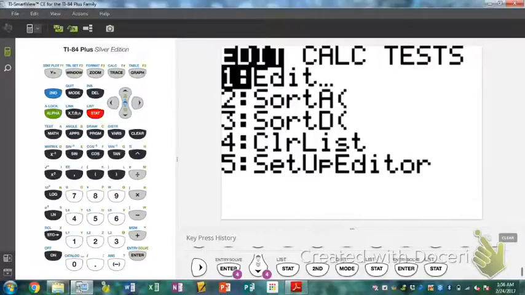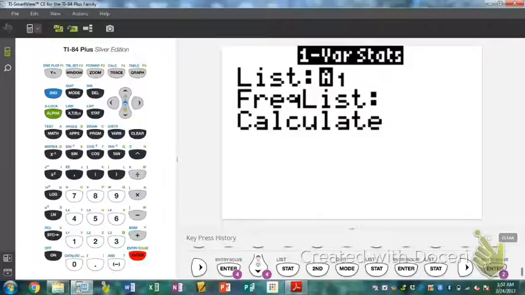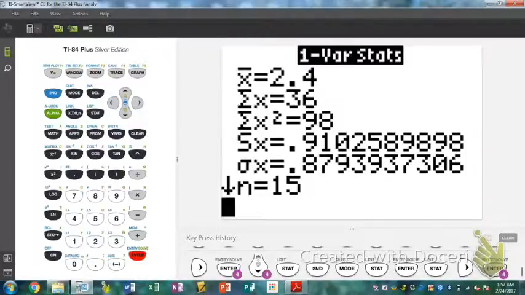So we do that, we go to Stat, we go over to Calculate, we go to one variable stats again, so enter, and enter through. Again, if you have the old style calculator, it's just going to drop one variable stats on your home screen, and you hit enter and this will pop up. So again, we need 5 numbers off here plus 1 extra.